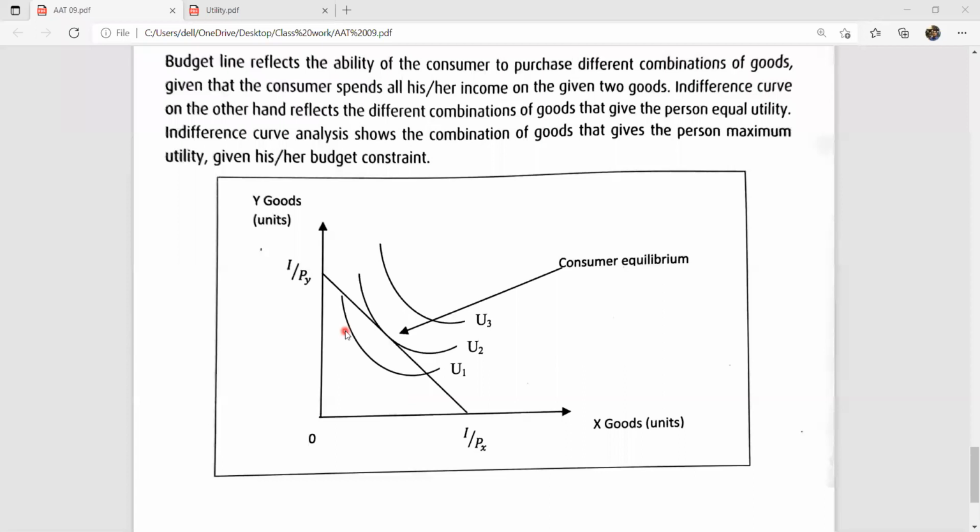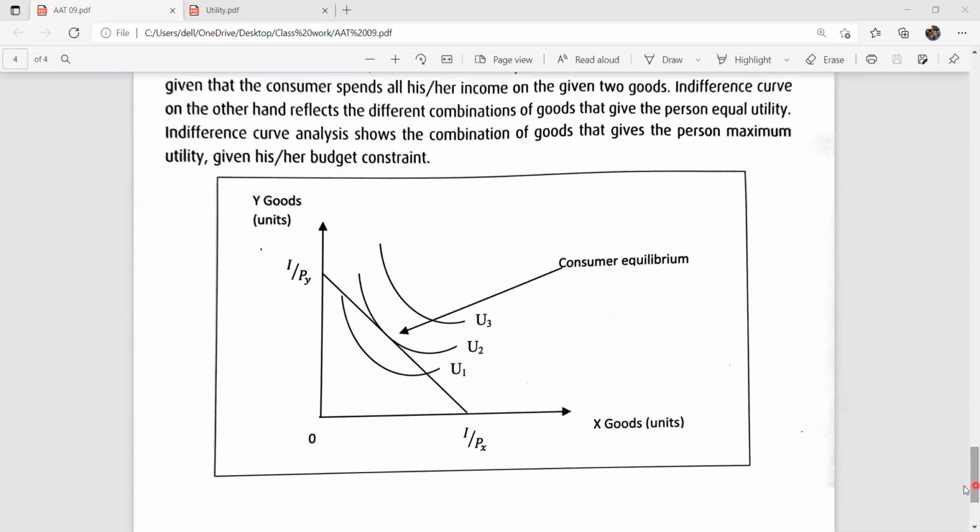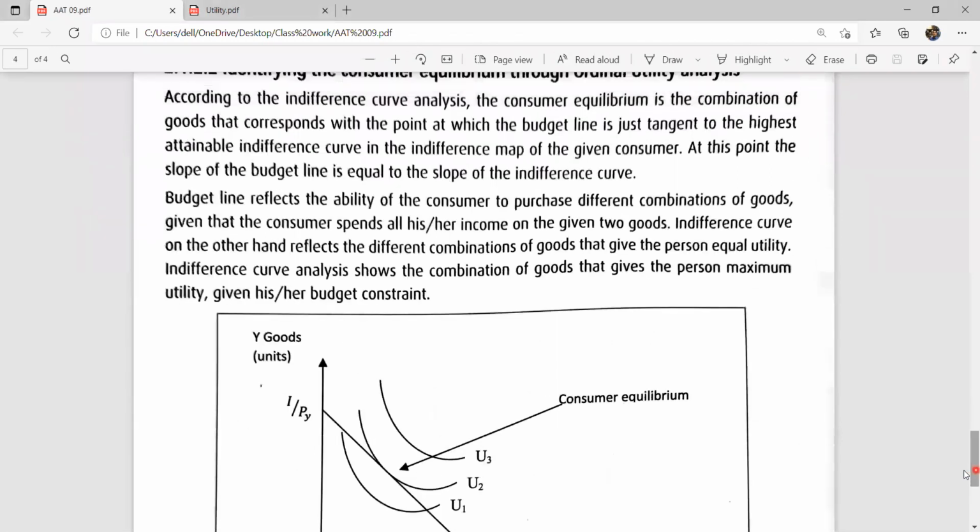You see, this is the optimum because it does tally with the income. Under U1, income is greater than the consumer satisfaction. Therefore, it is not. U2 means income and satisfaction are okay. Therefore, equilibrium. But U3, income is not adequate. Then the consumer doesn't purchase.